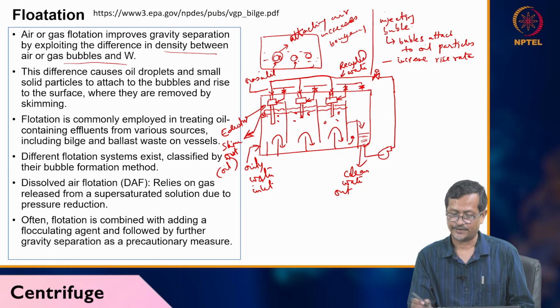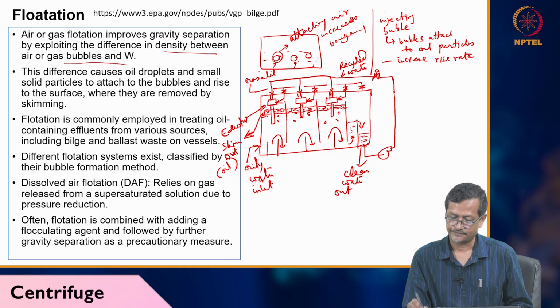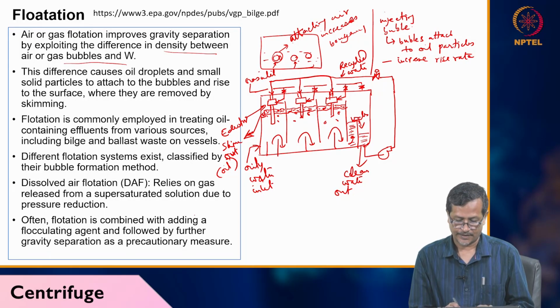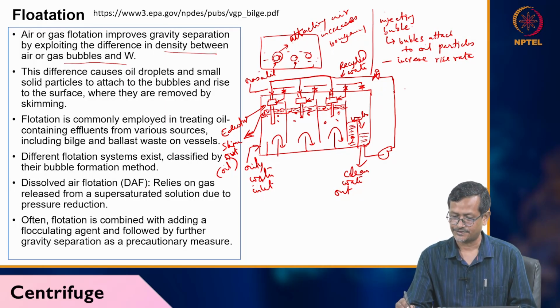This layer is the oil layer, this is water, this is the weir. And the pump sends clear water out, recycle. So this is the gas flotation unit.